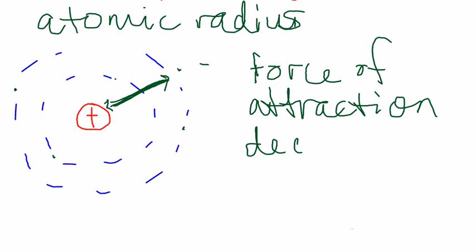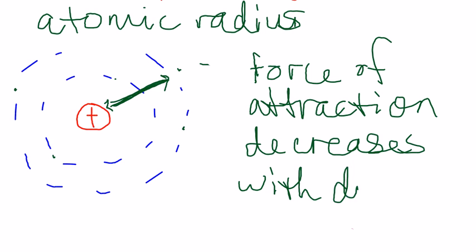So the ability of the nucleus to pull this outside electron is going to be worse. It's not going to be as powerful if the atom is bigger. So force of attraction decreases with distance. And again, this is basic electromagnetism. You increase the distance, and the opposites-attract force is going to lessen.